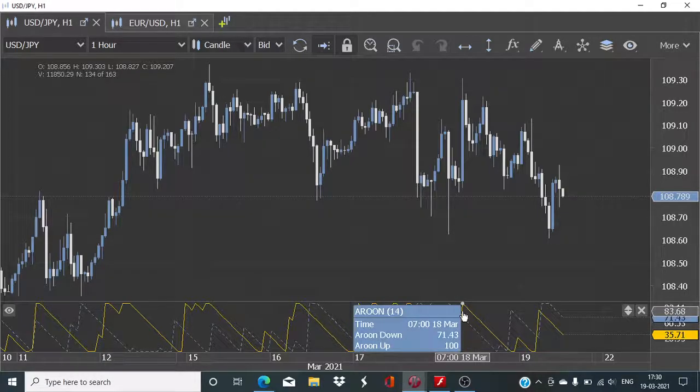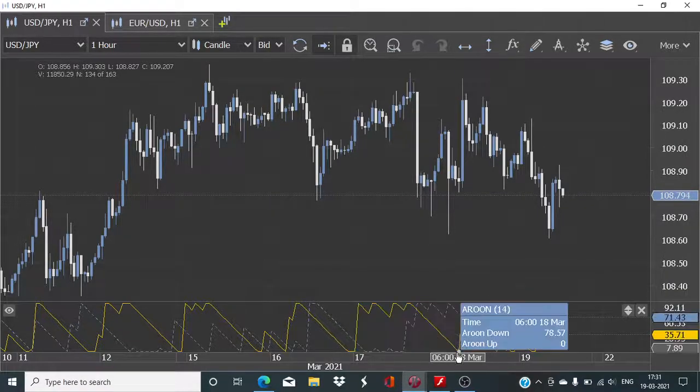That way it means that there is substantial fresh buying momentum happening, and these are the initial hours of the trend change, and so resultantly we will have a higher probability of the continuation of the trend for at least a couple of hours, and that's what we want to capitalize on. So that is the idea behind the execution of the trade using this indicator.